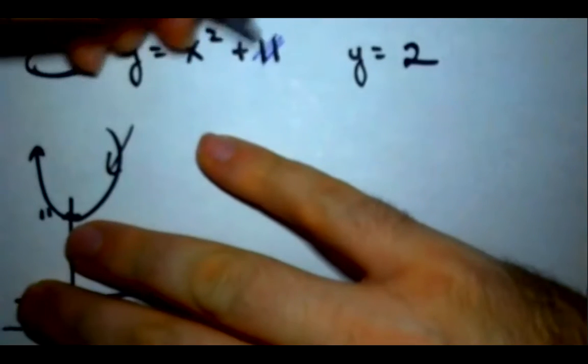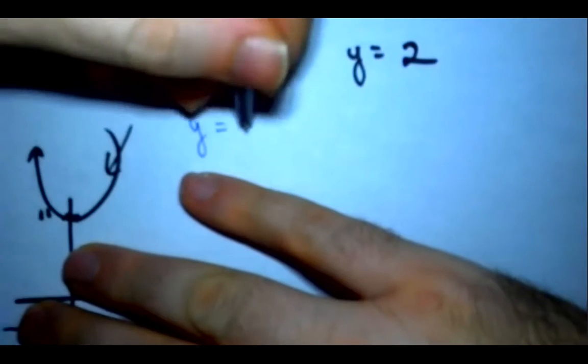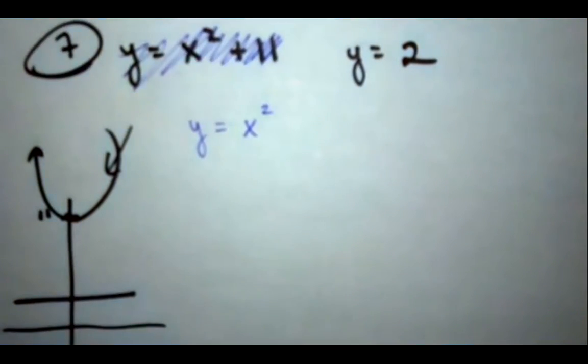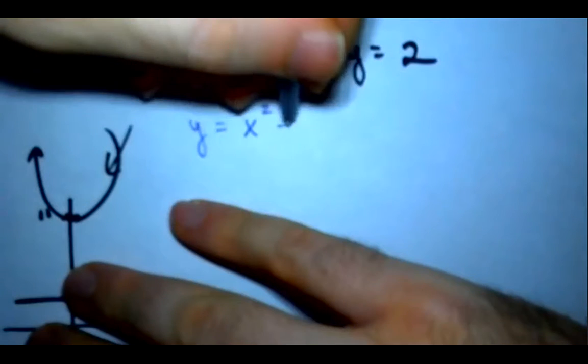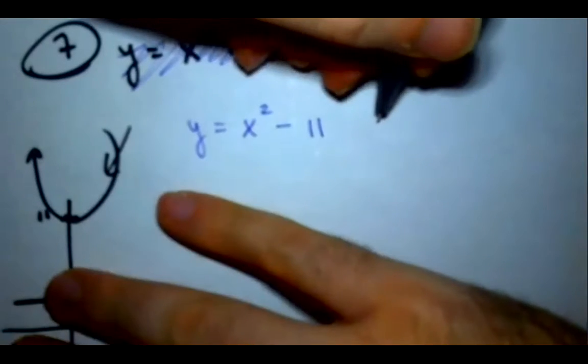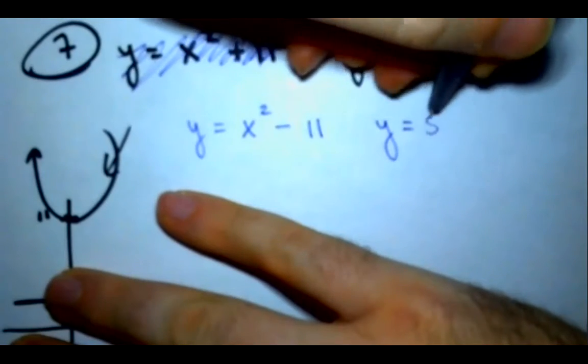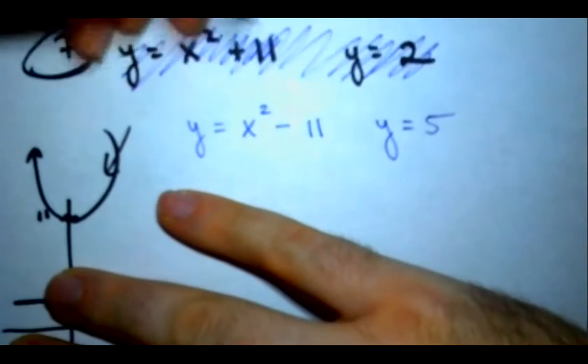So let me try this again. This is y equals x squared minus 11, and over here, let's go with y equals 5. I'm just going to change this problem altogether on you guys.